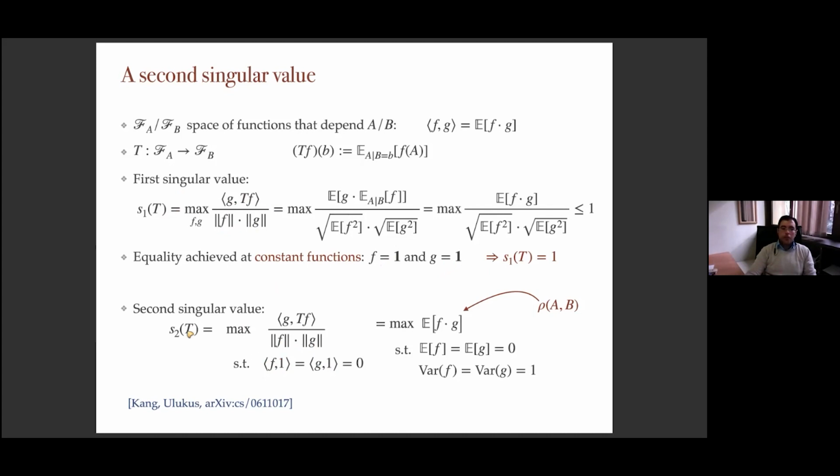Like if you want to compute the third singular value, you compute the same optimization, but over vectors that are orthogonal to the first and second vectors, and so on. So these are the standard optimizations and characterization of singular values. Yeah.